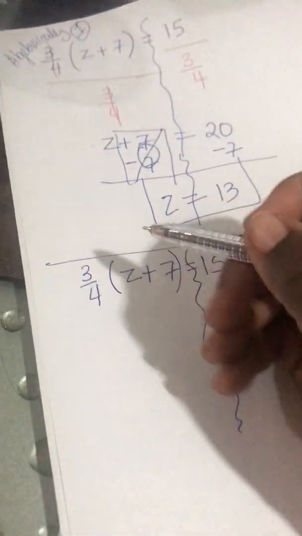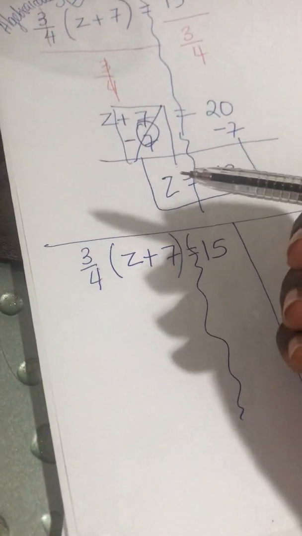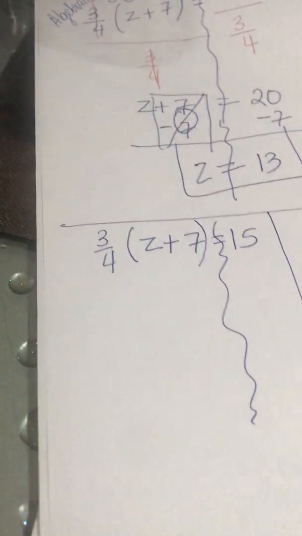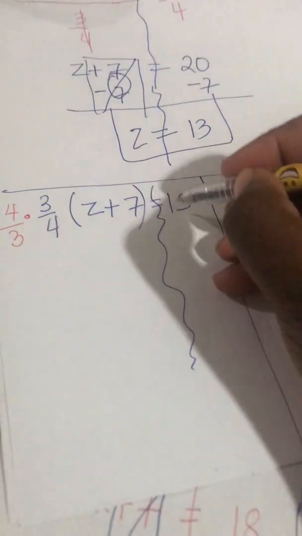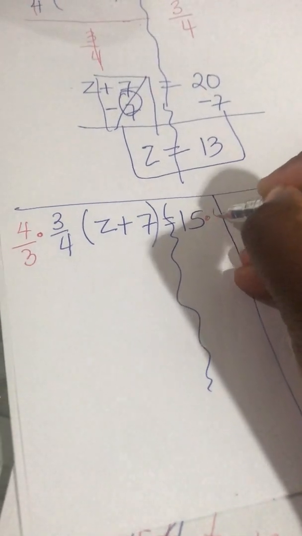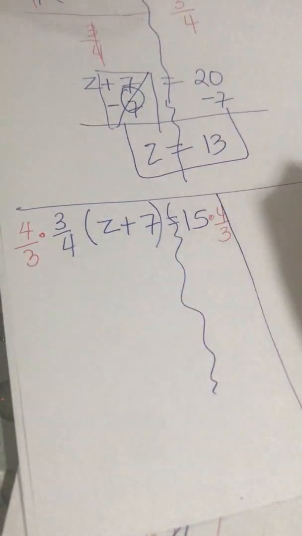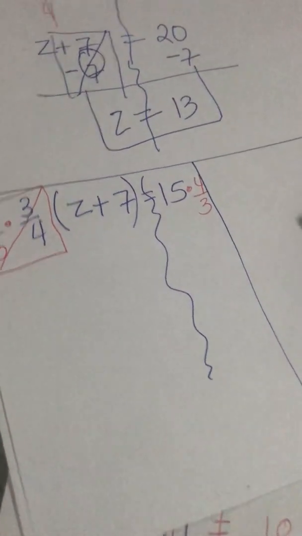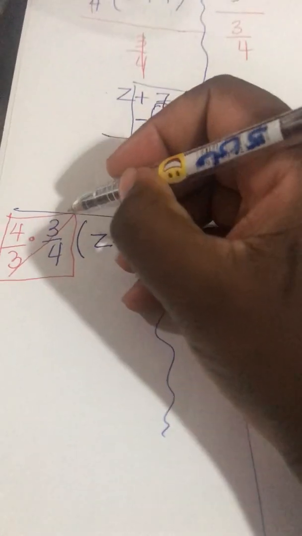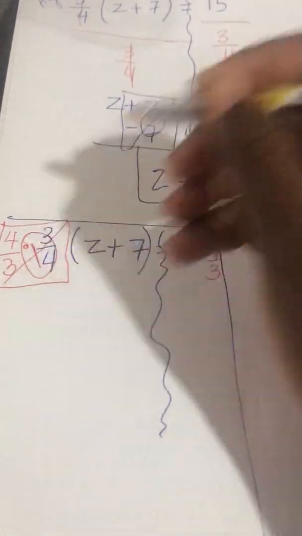Remember in lesson 6 or 7, on that side we use multiplicative inverse. So you multiply with the multiplicative inverse on both sides. This goes away because a number multiplied by its multiplicative inverse gives you 1.